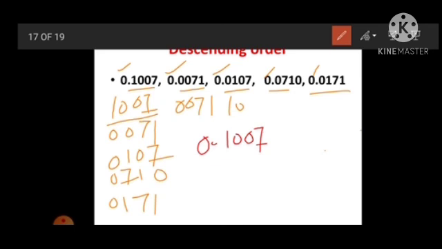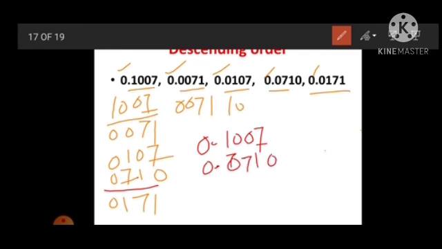Now next one is which one? 0071 or 0107 or 0710 or 0171. See here the first decimal place is 0, same. The second decimal place is 7, 1, 1. Which is the biggest? This one. So 0.0710. Okay.